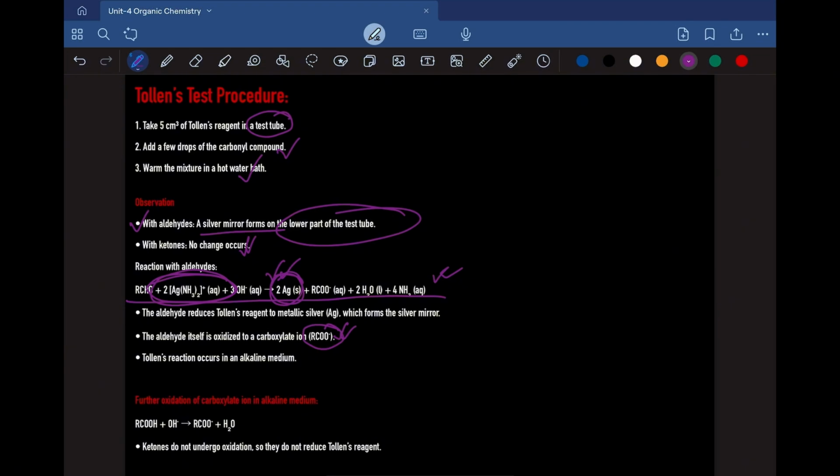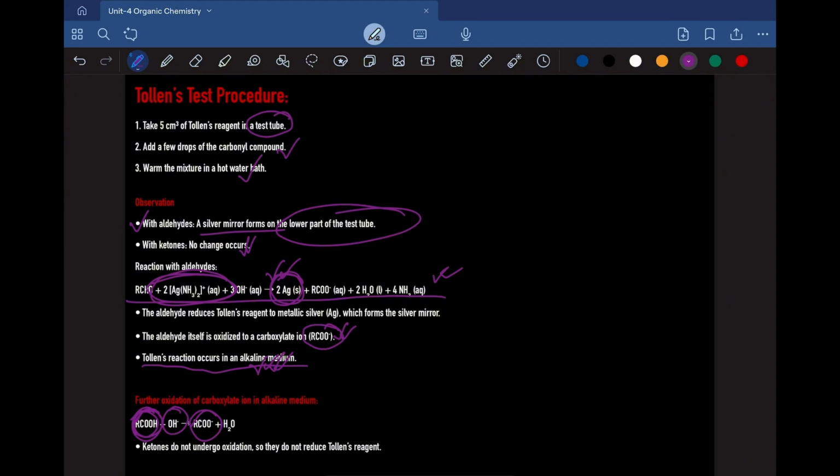Why will it form a carboxylic acid salt? We will explain this in detail later on. The Tollens reaction occurs in an alkaline medium. It will actually form the carboxylic acid, but as the reaction is taking place in an alkaline medium, this carboxylic acid will react with the OH minus of the alkaline medium, and it will become RCOO minus.